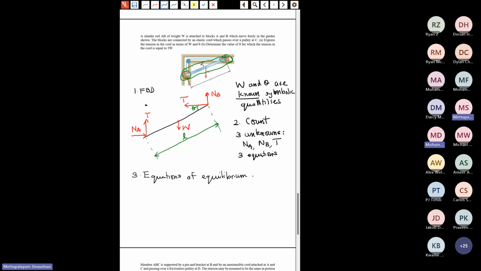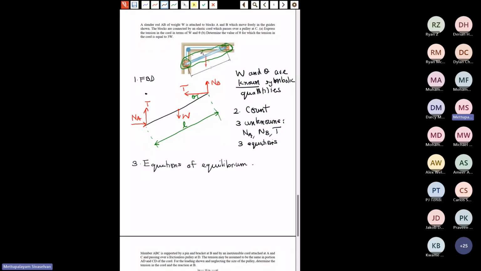What happens if I do that? That kills the T, but leaves both N sub A and N sub B. Which is a perfectly legitimate equation to write, but I'm being impatient. I don't want to wait till I write all the equations before I can solve. Let me see if there's an equation that'll give me an unknown right away.